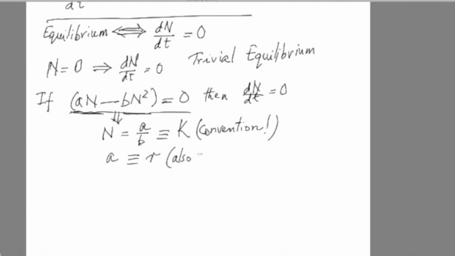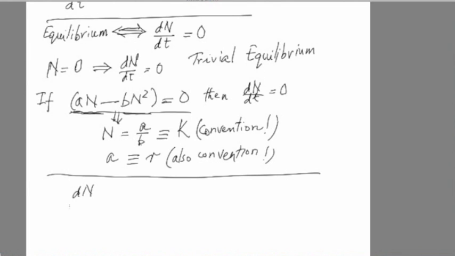And that also is simply convention. And so convention says that when the population size is small, it grows at a steady rate given by this parameter r, and it will reach an equilibrium which is given by the value k. And if we think about r and k here, then instead of using a and b, you use r and k, and you can write the logistic equation in a slightly different form.